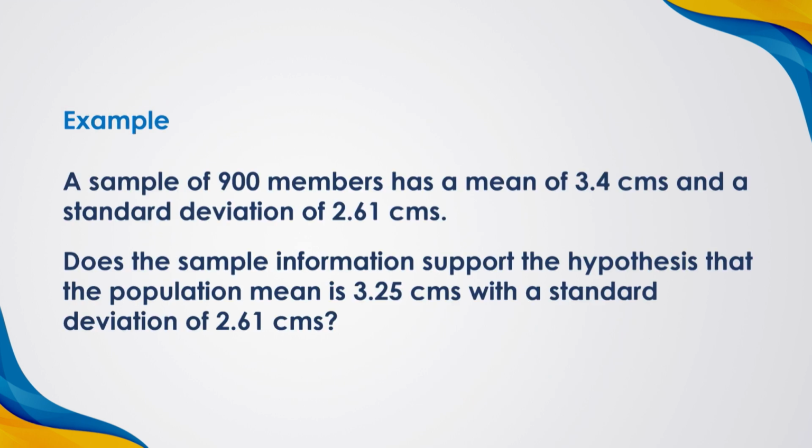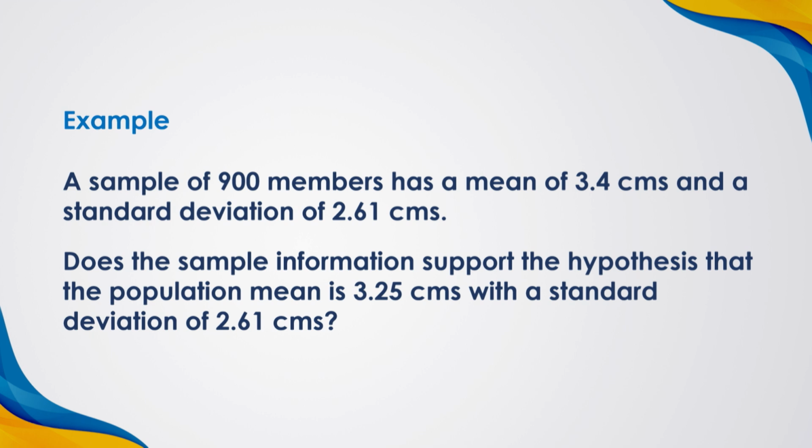Example: a sample of 900 members has a mean of 3.4 centimeters and a standard deviation of 2.61 centimeters. Does the sample information support the hypothesis that the population mean is 3.25 centimeters with a standard deviation of 2.61 centimeters?